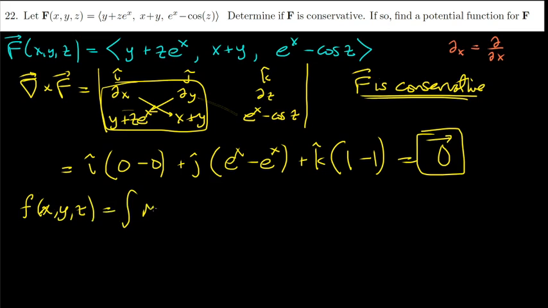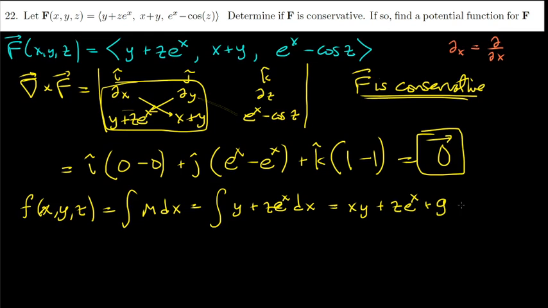Okay, so we have to integrate m with respect to x. So that's going to be, let's see, y plus z e to the x dx. So I think we get xy plus z e to the x plus, don't forget, not a constant, but any function. I hate using g here. How about h?